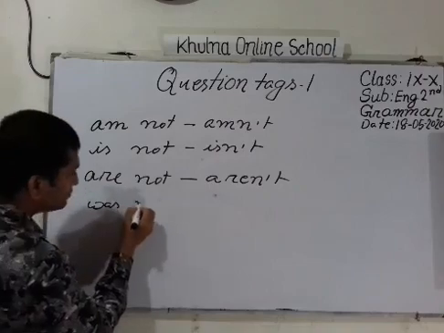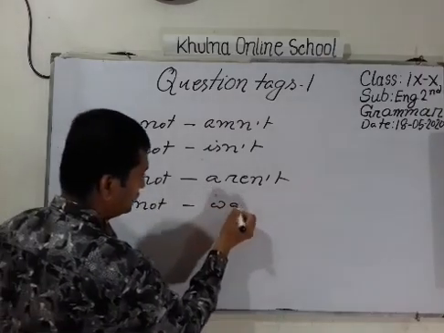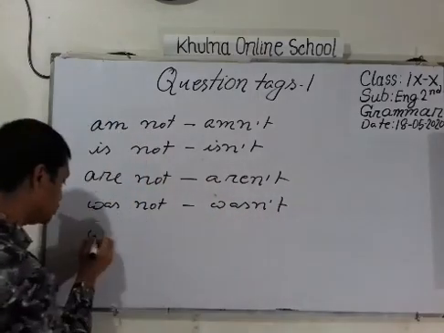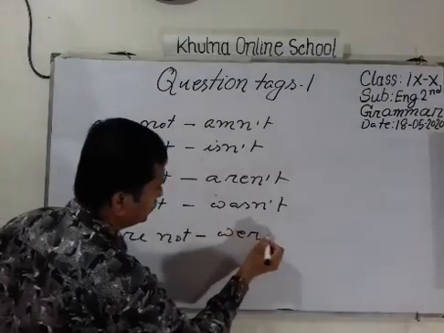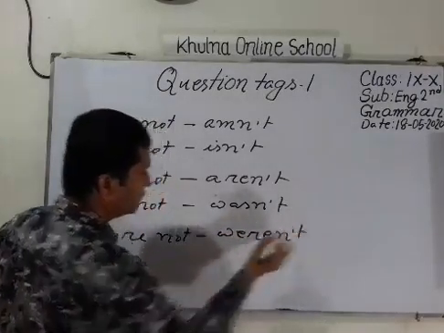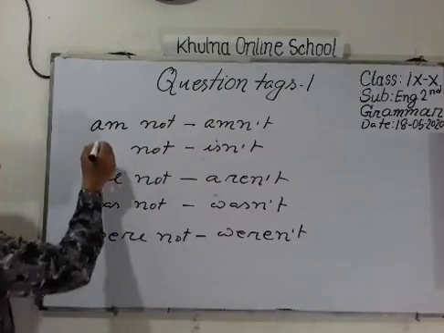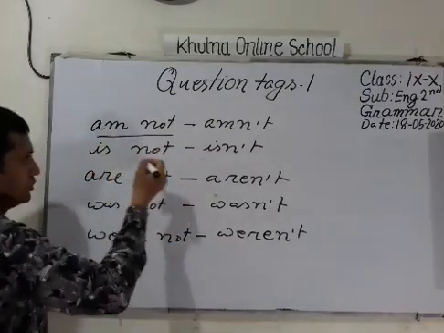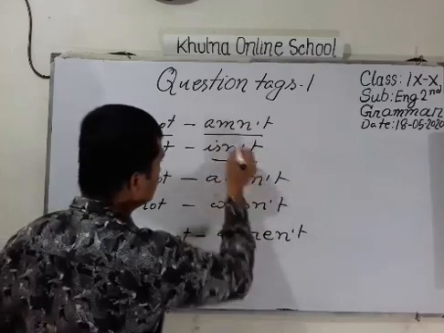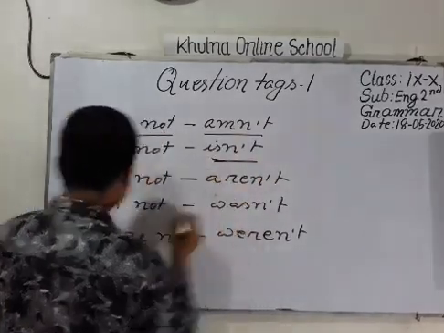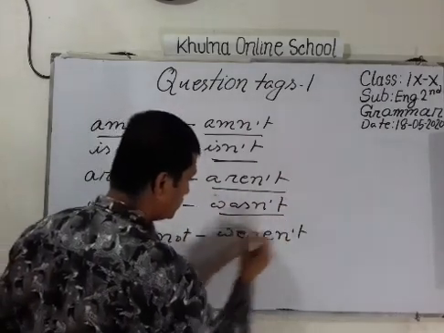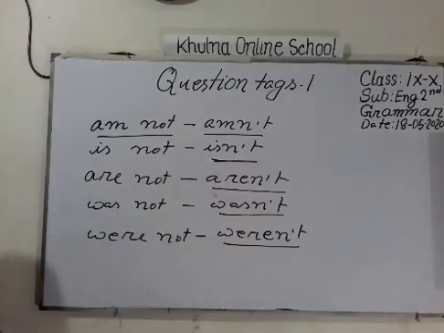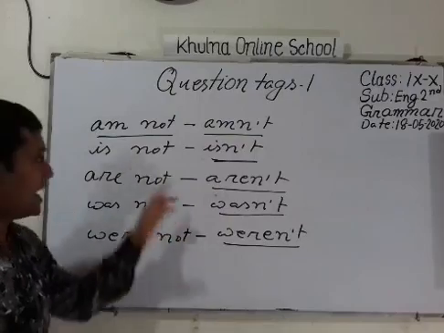Was not, wasn't. Were not, weren't. Okay. You can make short forms like this. Isn't, amn't, isn't. Sorry. Aren't, wasn't, and won't. And you can make any short form with be verbs and have verbs.